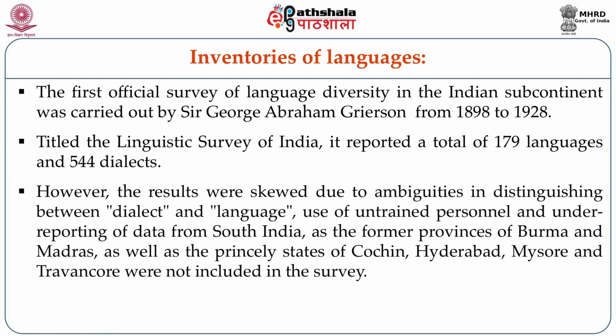However, the results were skewed due to ambiguities in distinguishing between dialect and language, untrained personnel and underreporting of data from South India, as the former provinces of Burma and Madras, as well as the princely states of Cochin, Hyderabad, Mysore and Travancore were not included in the survey.